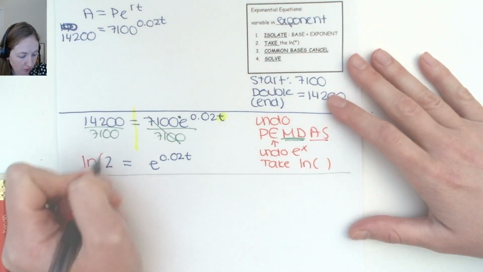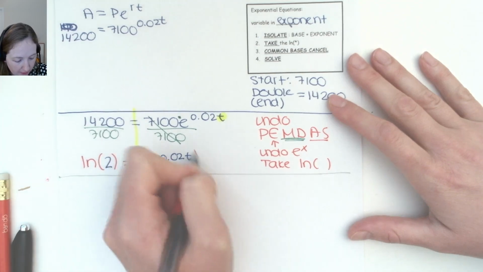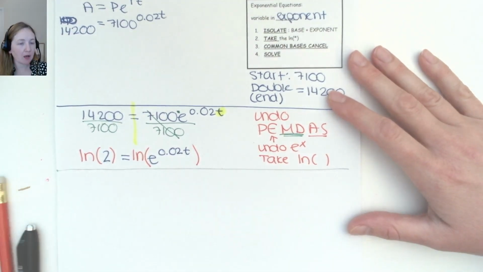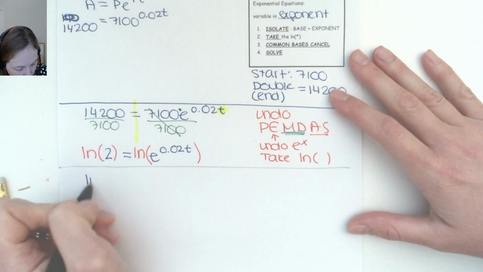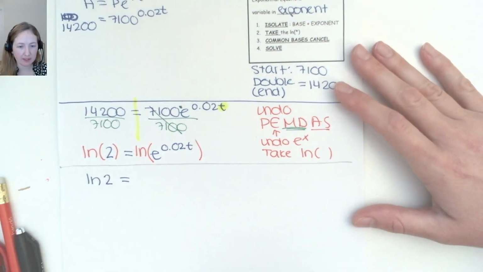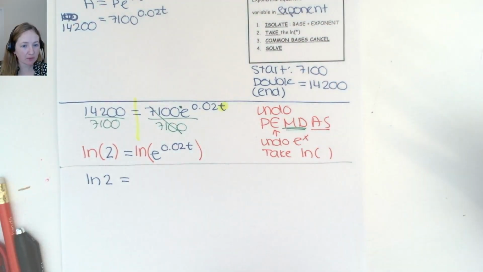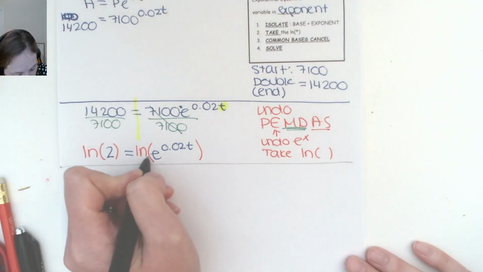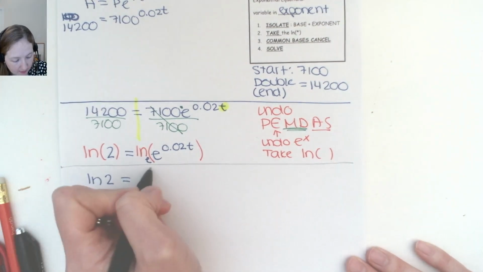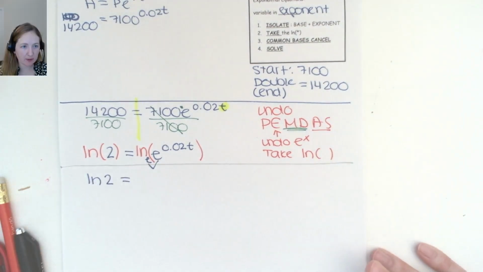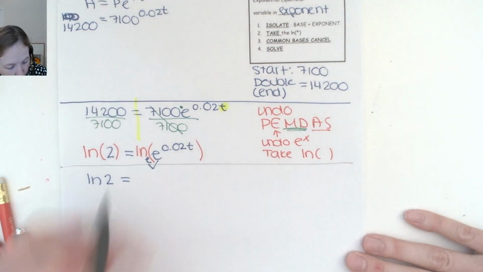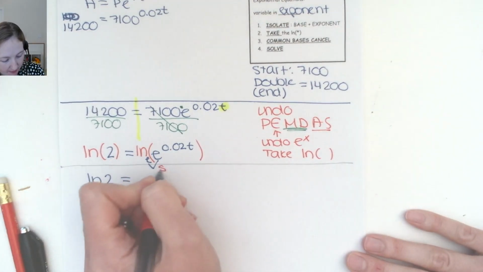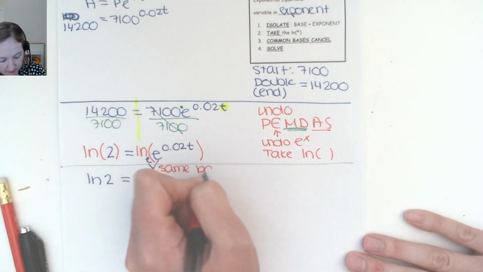So we'll take natural log of 2, natural log of this. Because we are working with money compounded continuously, it always has a base of e. Every time on these questions where it's compounded continuously, the natural log has a base e, the exponent has a base e. So we remember that these same bases cancel.